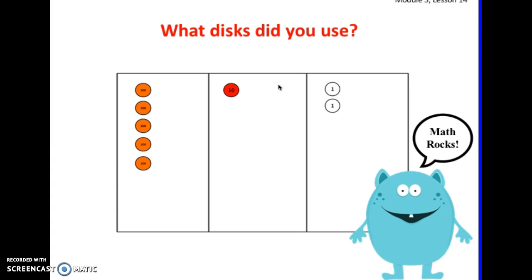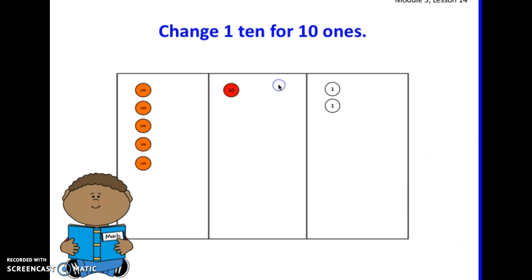Did you use those? Good. Because now what we're going to do is change something. We're going to change one of those 10s for 10 ones. All right, so I'm going to take that 10 away, and I'm going to unbundle that 10. And how many ones am I going to get now? That's right, I'm going to get 10 ones.